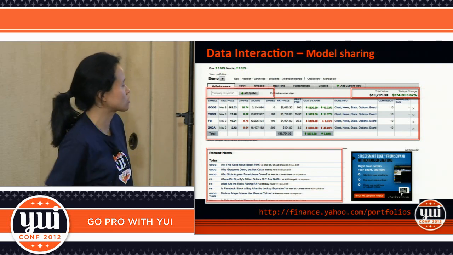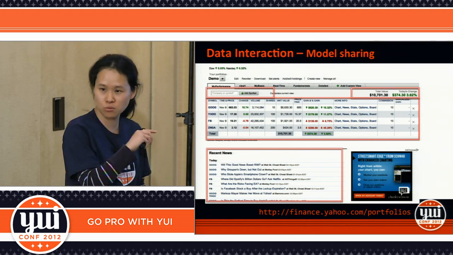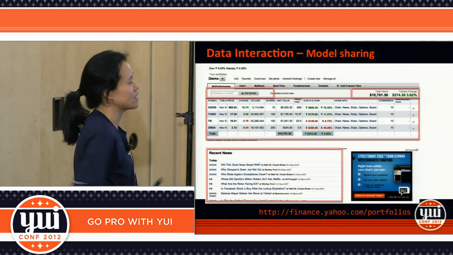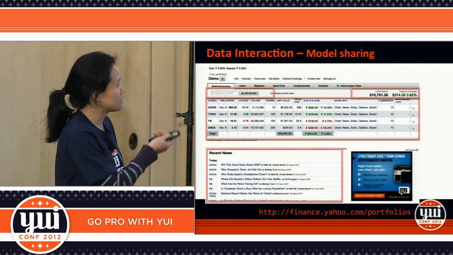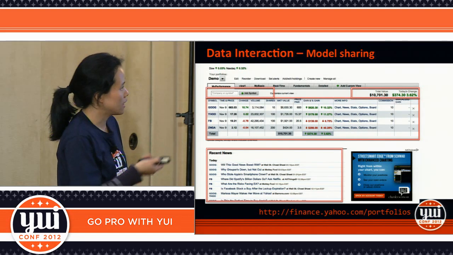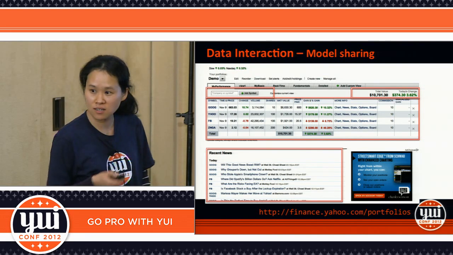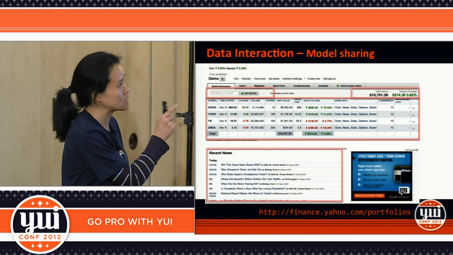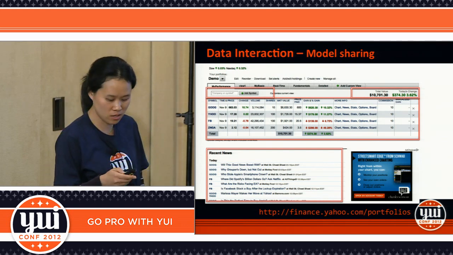The last box here is interesting: you can enter a symbol you don't have in the portfolio. Once you press add symbol, what do you expect to happen next? It's going to add that ticker into this table, add the ticker into the news, and potentially change the total value. So you can see how these models have to share data and interact with the data simultaneously.